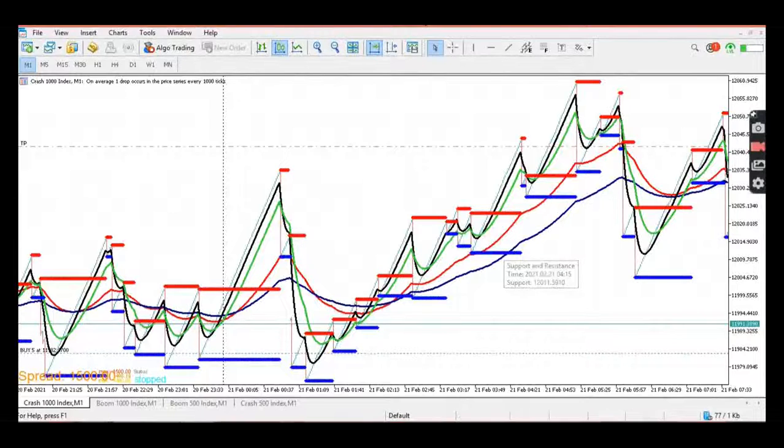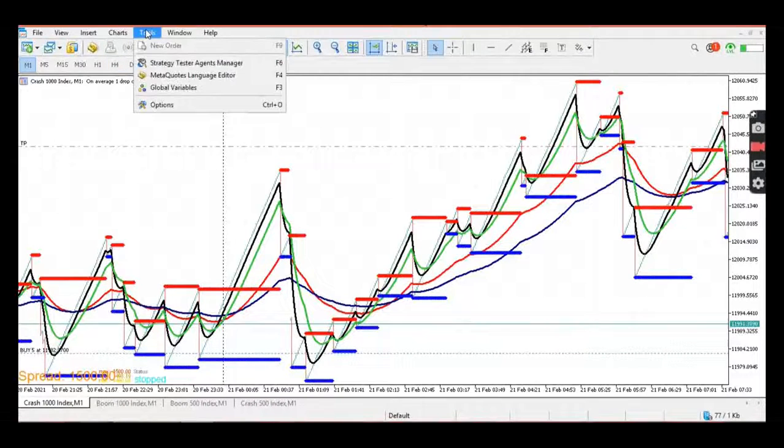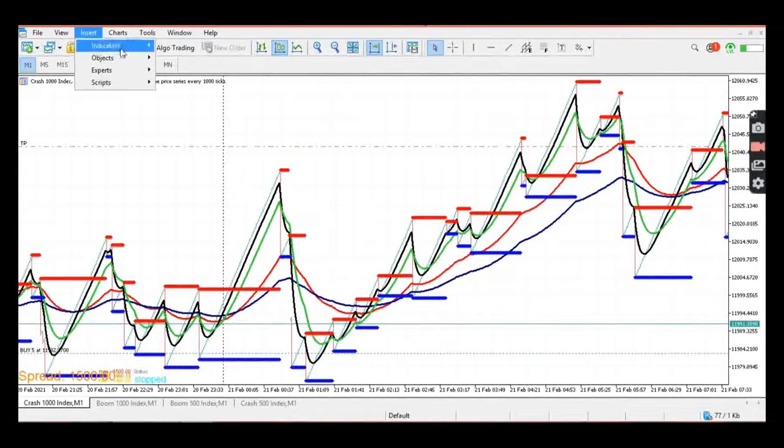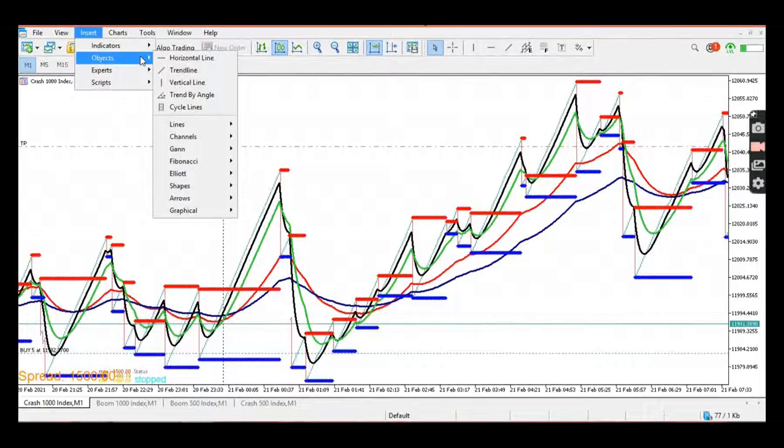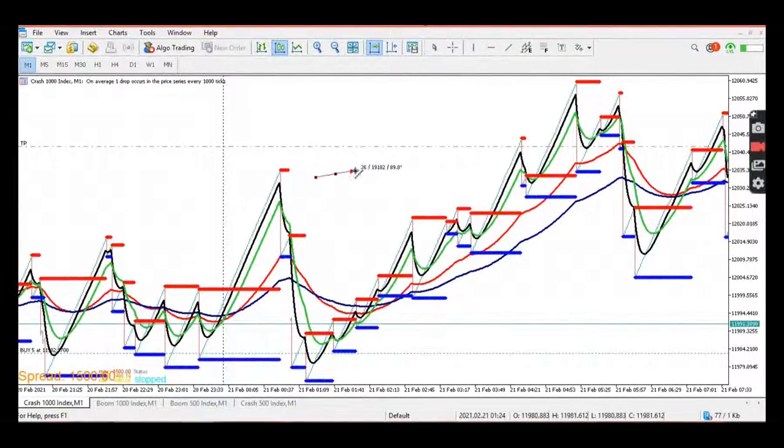when a market is forming higher highs or higher lows. Let me give you an instance. You see this one.